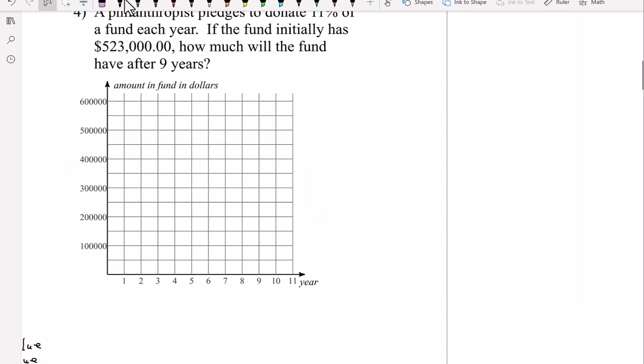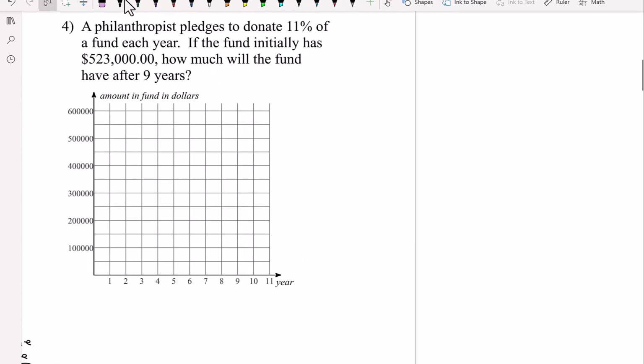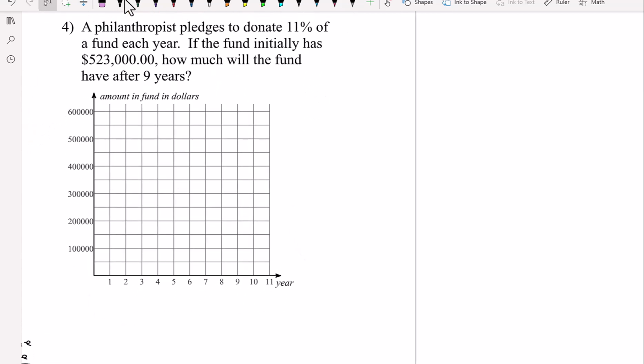All right, let's look at this one. So this is going to act as principal. This is the rate. This is the time, and the same thing's going to apply. So instead of account balance, it'll be how much the new fund will be.